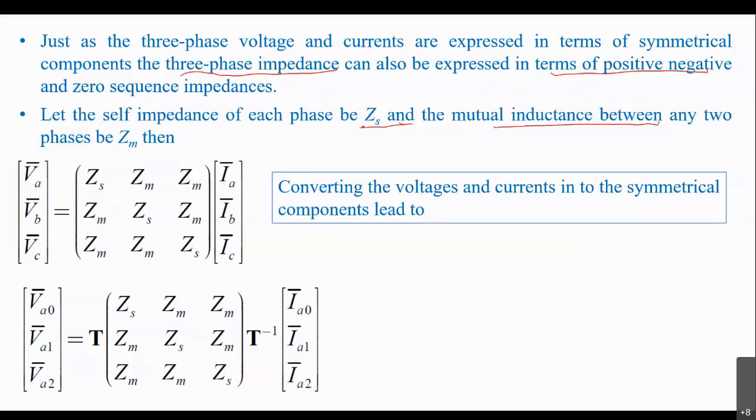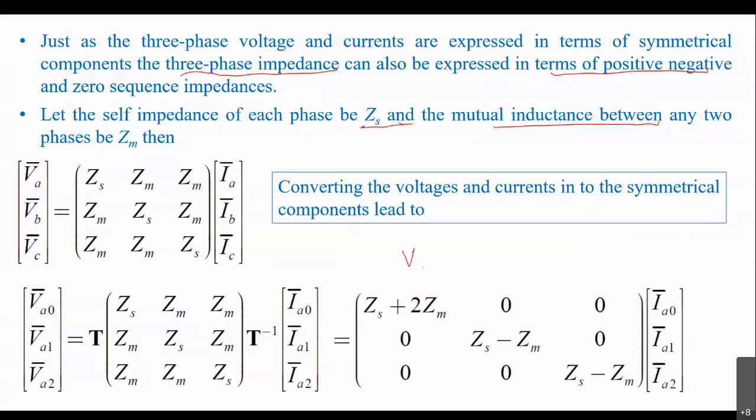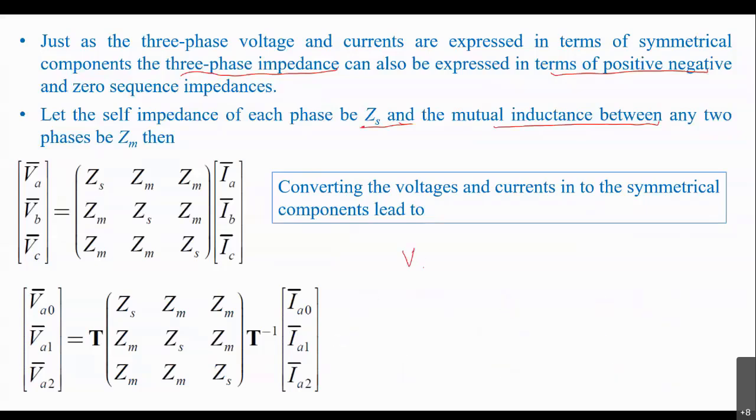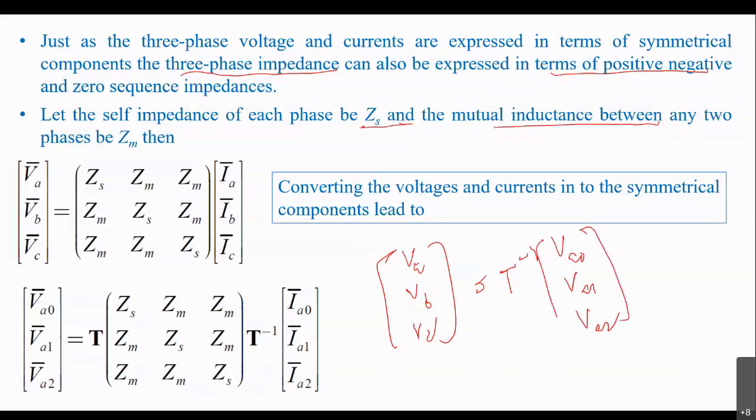VA, VB, VC, I can write as, sorry, there is a little mistake, I think. VB, VC, I can write as T inverse VA0, VA1 and VA2.